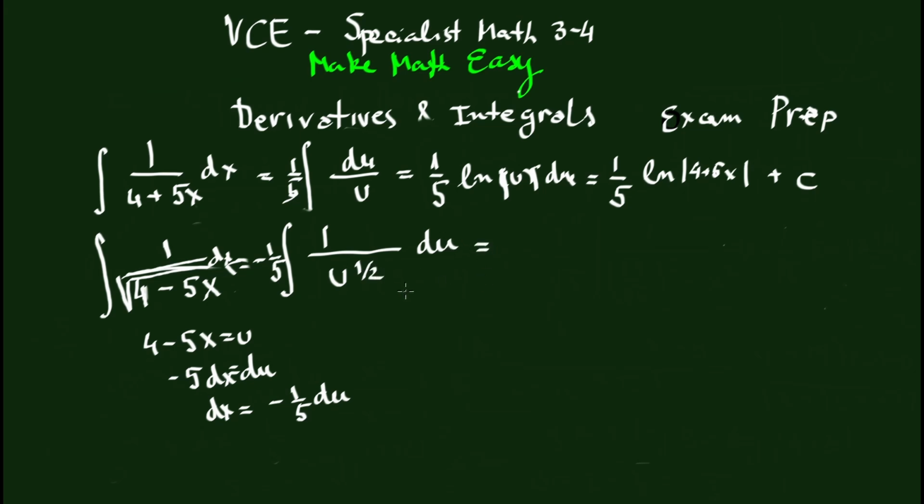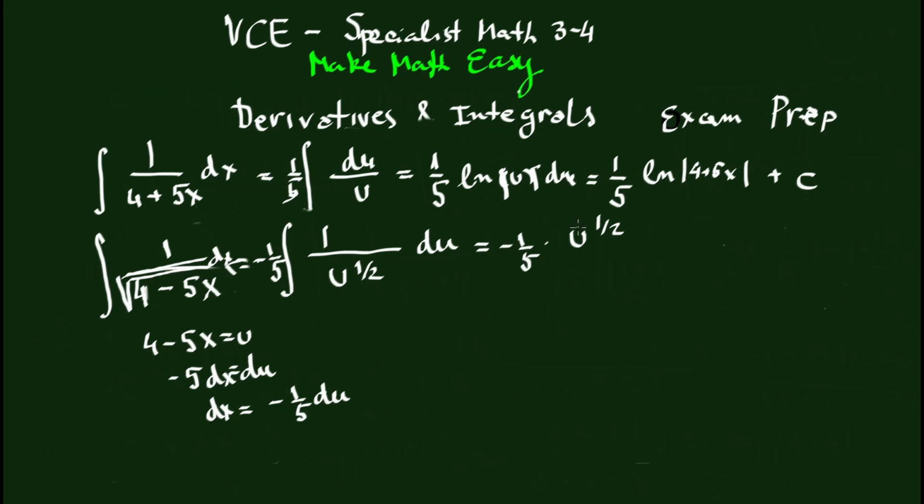So that's our basic integral. So the integral of that is minus 1/5 times u to the minus 1/2 because it's under the line, and plus 1. So it's minus 1/2 plus 1, which is u to the 1/2.